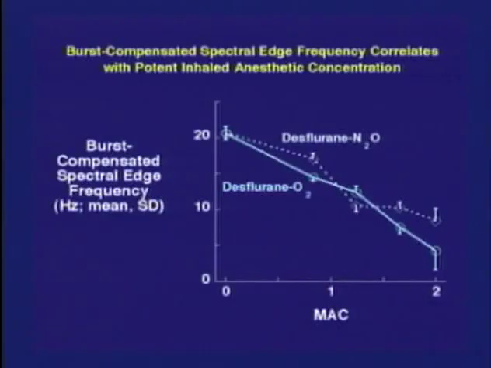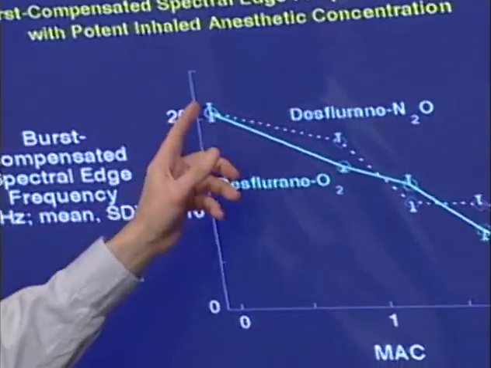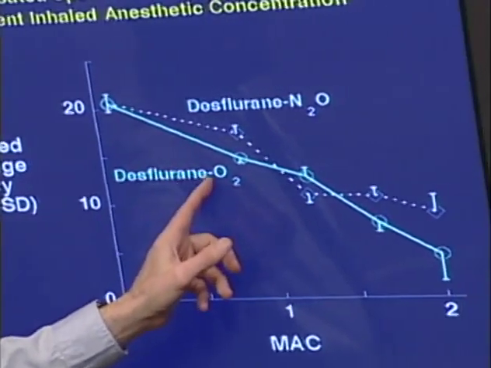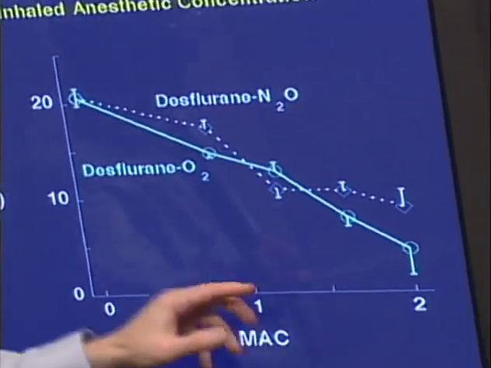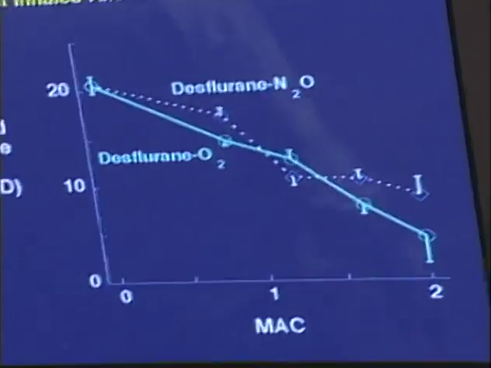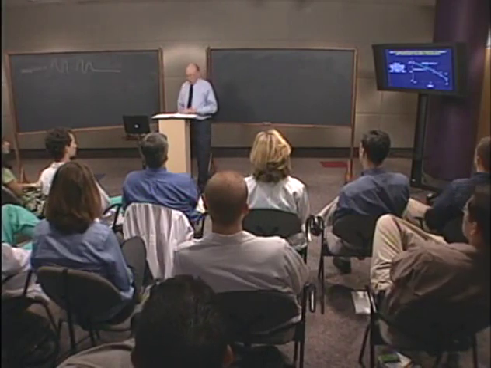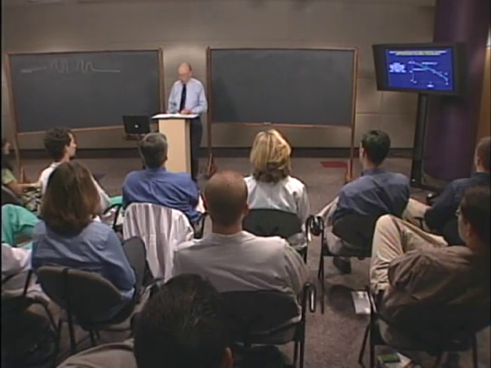That is, the awake person has frequencies that are up to, but not in excess of, 20 cycles per second. All the energy in the brain waves that we get goes up to here. And then when we give anesthesia, that edge goes down. And all the energy is in lower and lower frequencies and below. That could be a measure of the depth of anesthesia if we liked it.